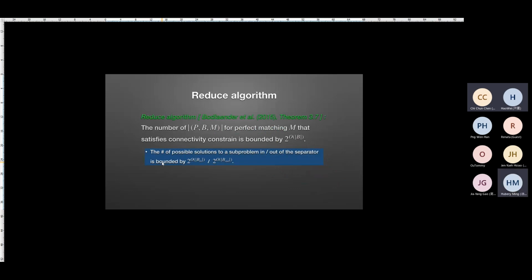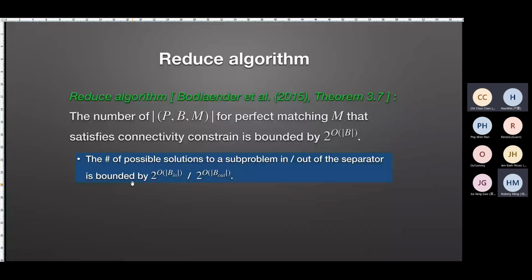Now we would like to use the reduced algorithm to bound the combination of the solutions, one for inside and the other for outside of the separator. The reduced algorithm gives us that the number of possible solutions in or out of the separator is bounded by the boundary points inside or outside of the separator.